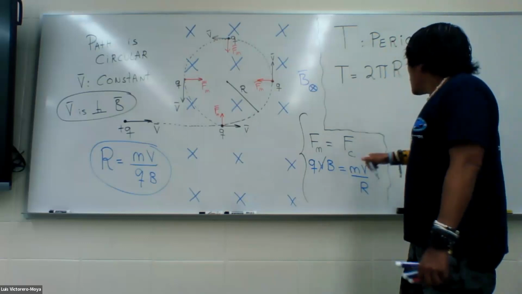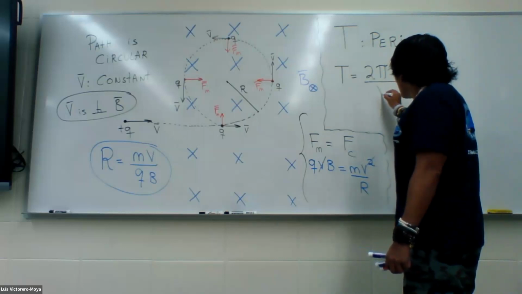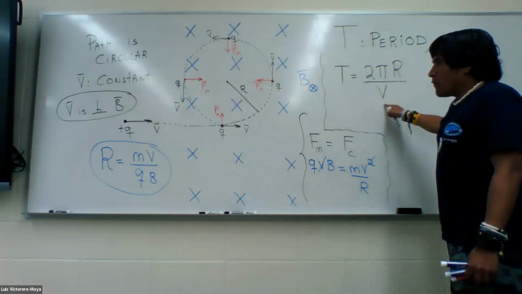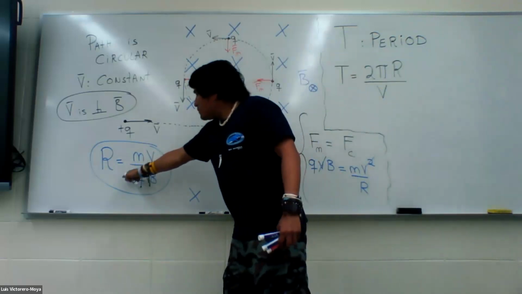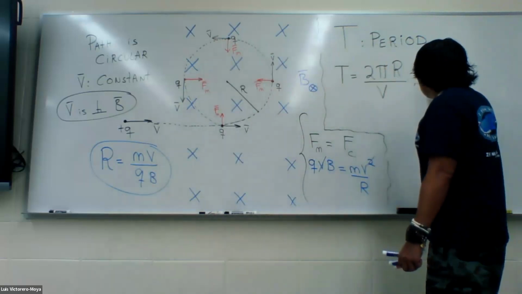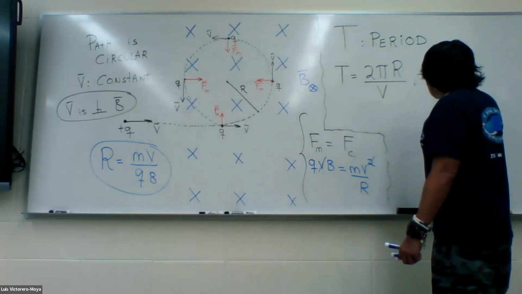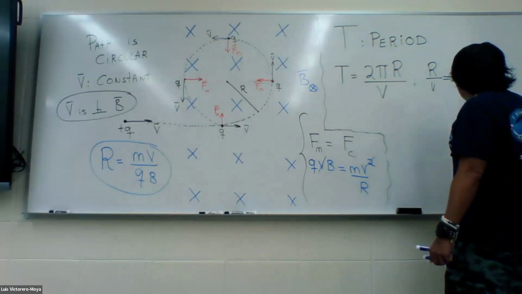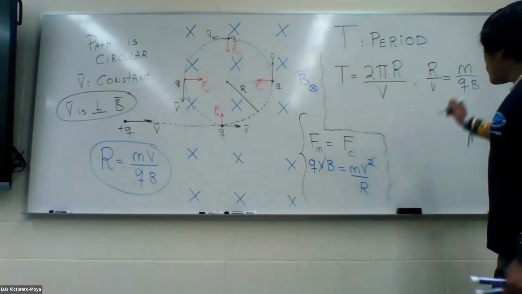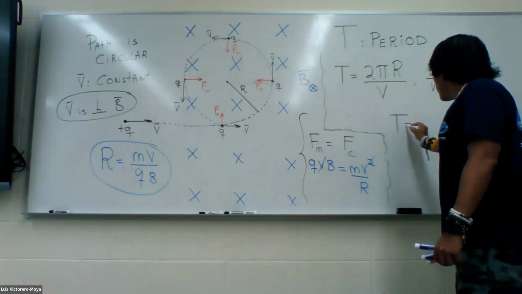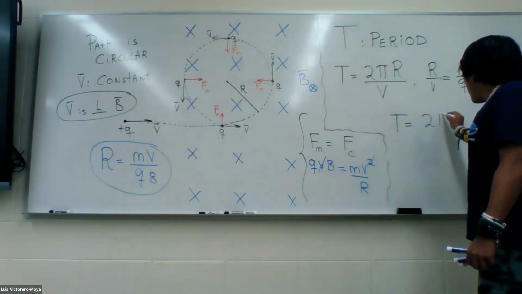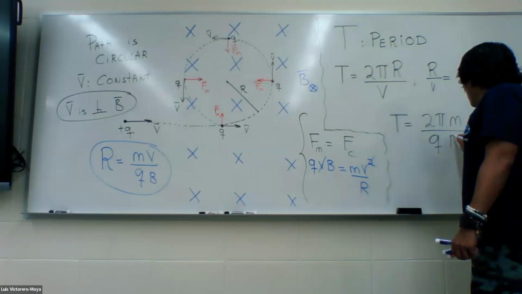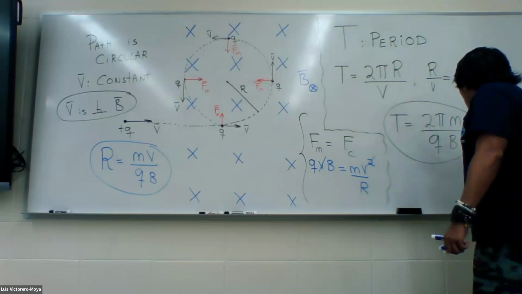Arc length divided by v, which is the speed. Well, r over v, you can get it from here. R over v is m over qB. If I combine both equations, the period is 2 pi m over qB. That's the equation for period.